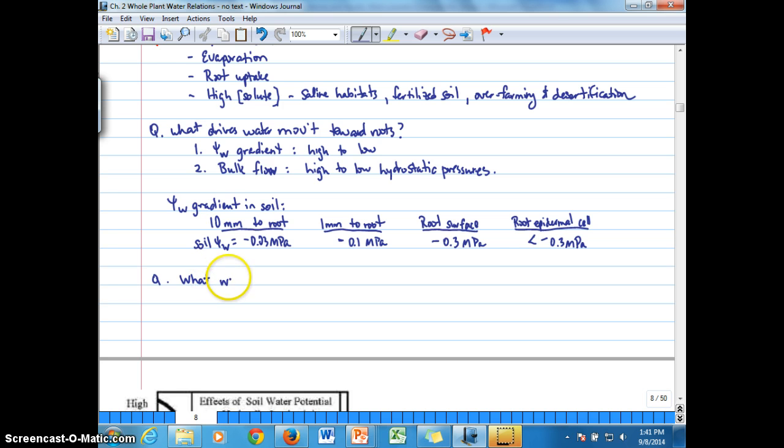We want to know what would happen to a plant if the soil water potential near the root surface is negative 1.5 megapascals.